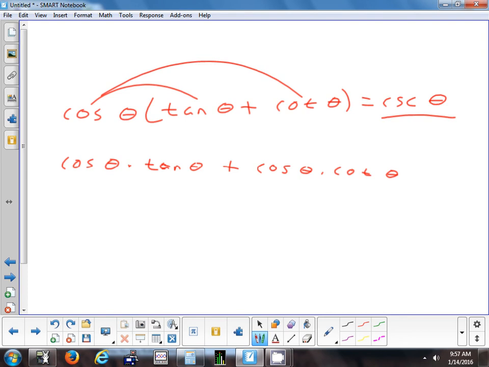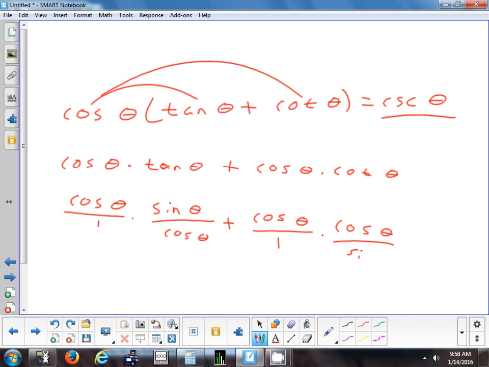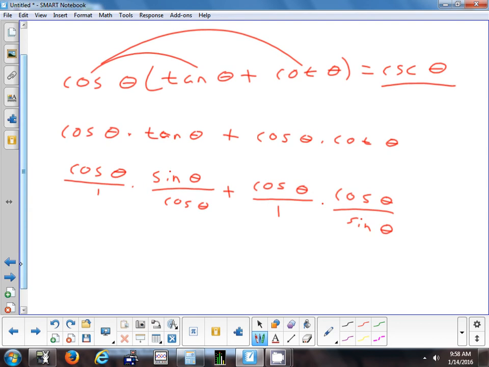Now, trick we use all the time, let's change everything to sines and cosines. So we get cosine over 1, tangent becomes sine over cosine, plus cosine over 1 times cosine over sine. All right, now I'm going to multiply together what I can.